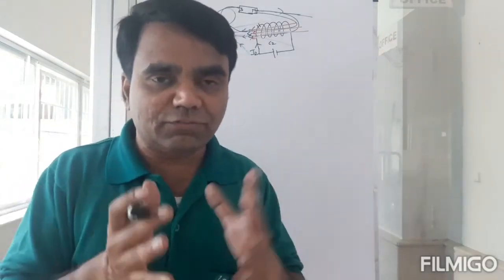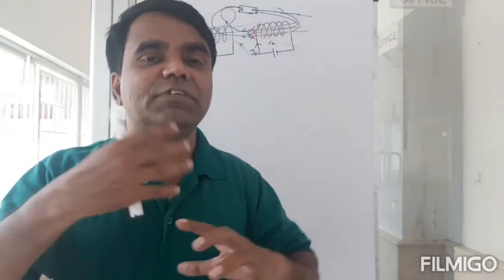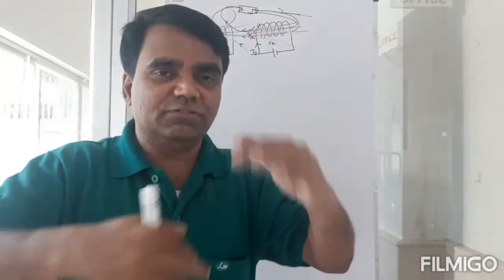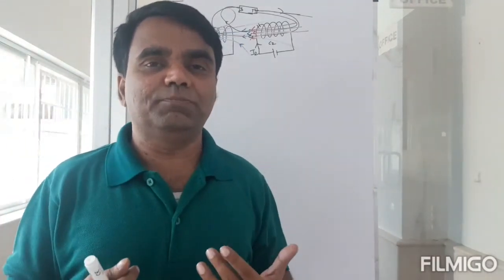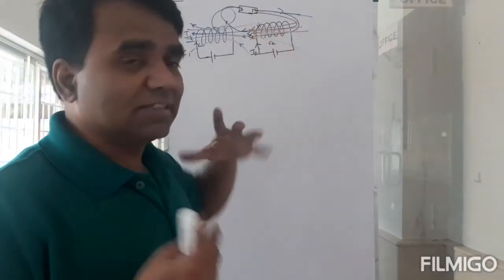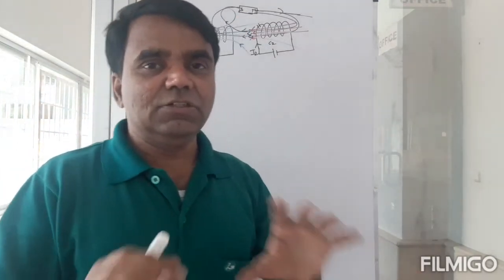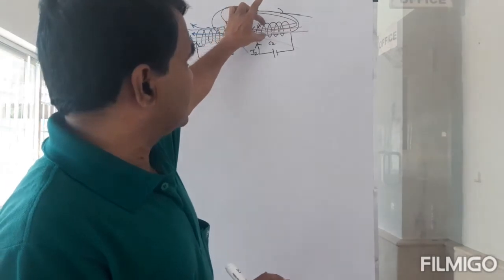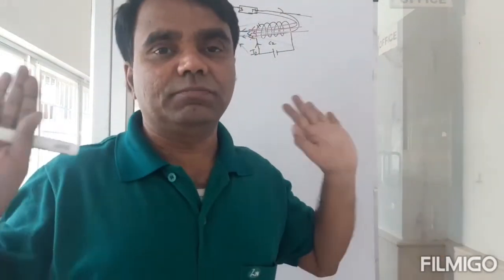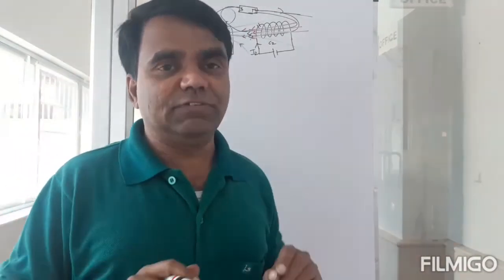It doesn't care where the flux is from. As long as there is a change in magnetic field, there will be an EMF induced, and because there is an EMF induced, there will be a current flowing through it, if it's a closed loop. It doesn't care whether the field is coming from here or from its own self. So long as the flux through this coil is changing, EMF will be induced. Done. You don't care about the source of the magnetic field.